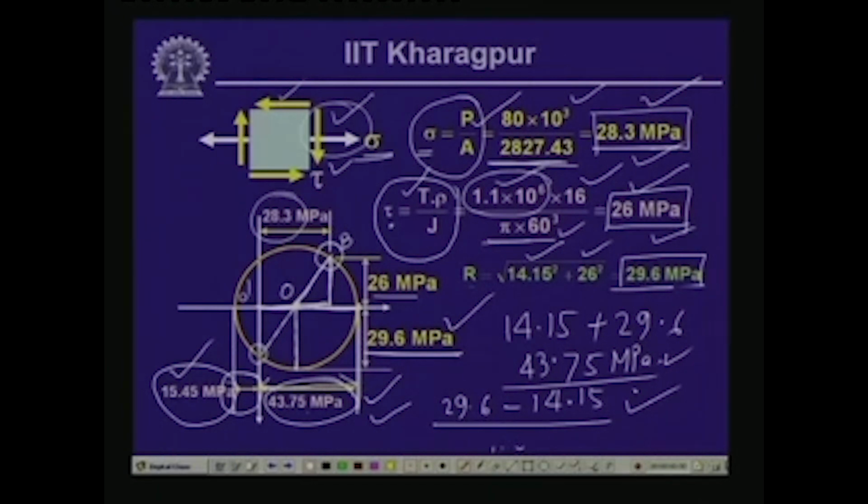As you can see, because of the action of the axial pull of 80 kilonewton and a twisting moment of 1.1 kilonewton meter, the point A on the surface of this bar is subjected to a tensile stress of 43.75 megapascal and an in-plane shear stress of 29.6 megapascal.